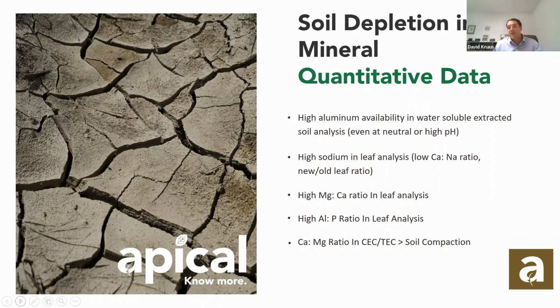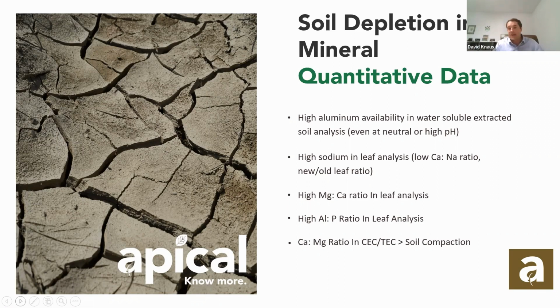When there's high magnesium to calcium ratio in a leaf analysis, that soil has depleted calcium and most likely has a depleted calcium to magnesium ratio, or an overall base saturation calcium that's less than desired. When we find high aluminum to phosphorus ratio in leaf analysis, we see that as an indicator of soil mineral depletion.